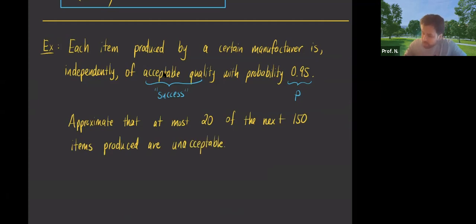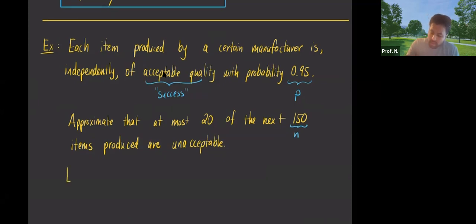So for a fact, this 150 here will be our n. So do you see that this is going to be a binomial random variable? So what is x? Let x be the number of acceptable quality items.